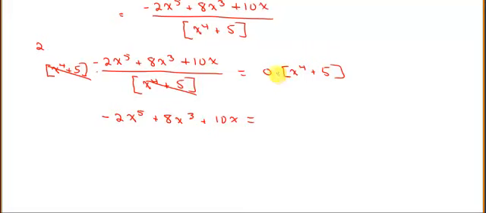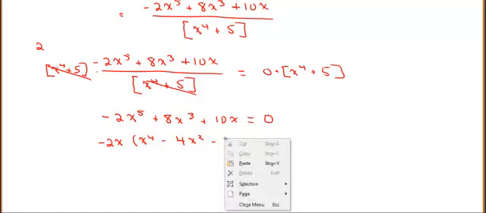On the right side, since I'm multiplying by 0, I just have 0. We can factor out a common factor of 2x, but I'll factor out a negative 2x so that the leading coefficient on what's left will be positive.